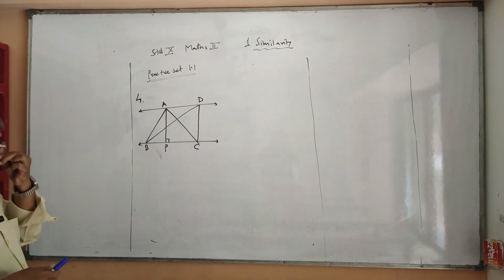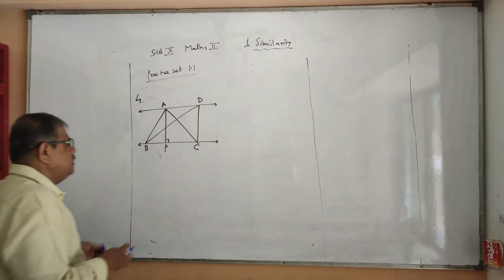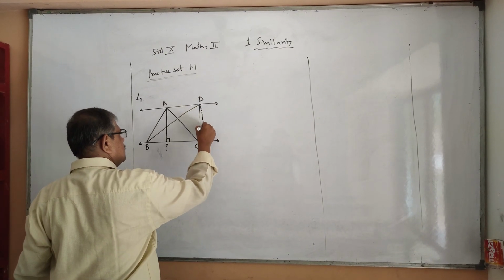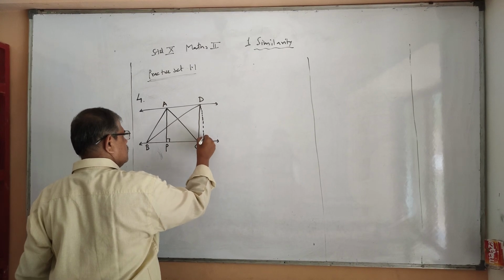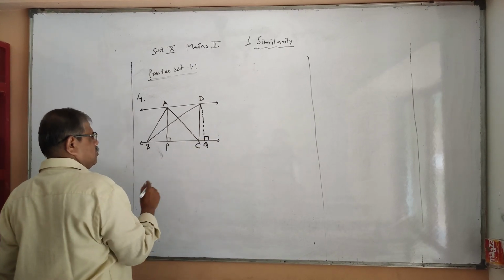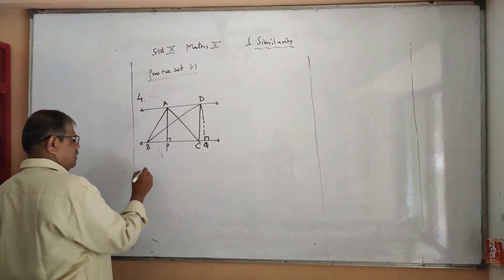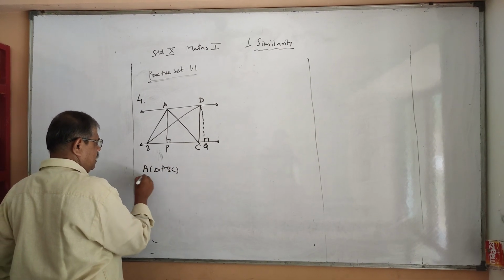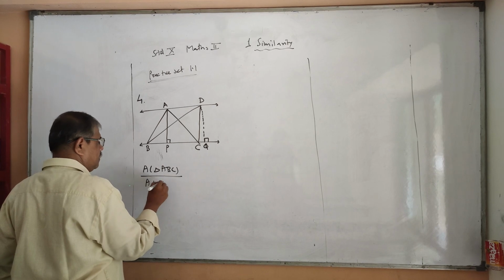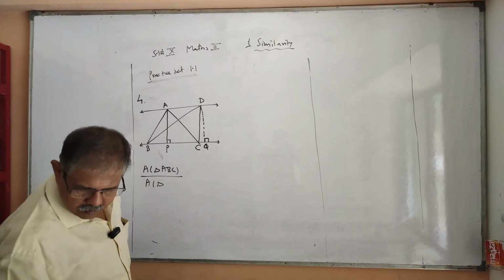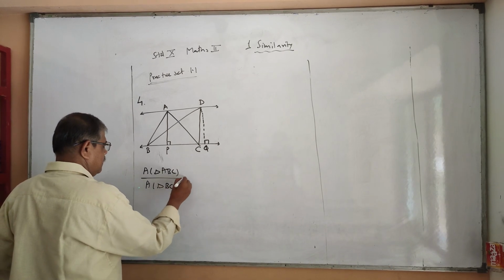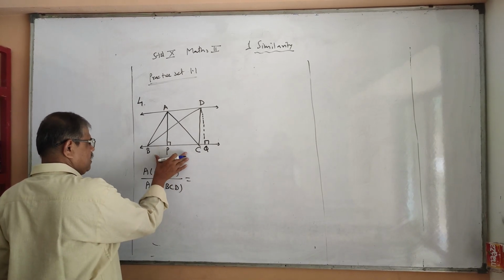So, for your understanding, you can draw the height of this triangle as DQ. So I can say area of triangle ABC upon area of triangle BCD is equal to, what is the base of triangle ABC?